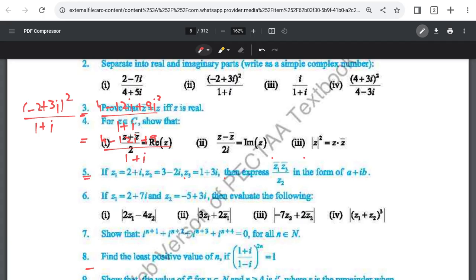Then we have 4 minus 9, since iota square is equal to minus 1, so it will become minus.